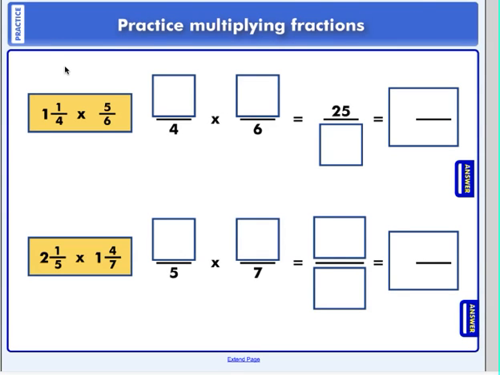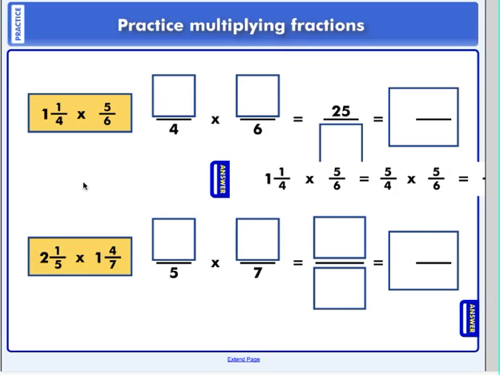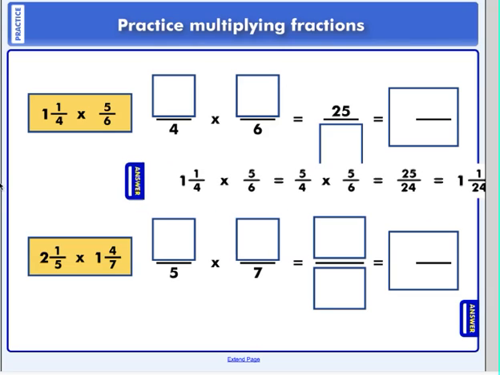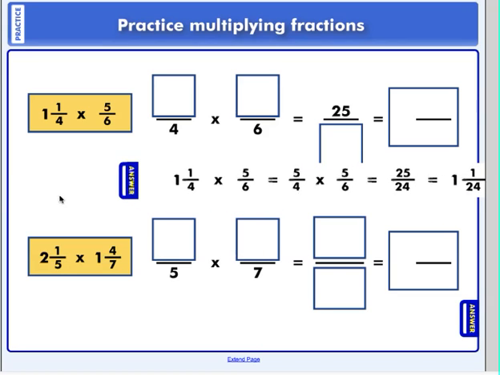I want you to pause the video here and try these. Then we'll look at what the answers are. You should have completed these two problems, 1 1/4 times 5/6. First you have to take 1 1/4 and change it to an improper fraction, which would be 5/4.